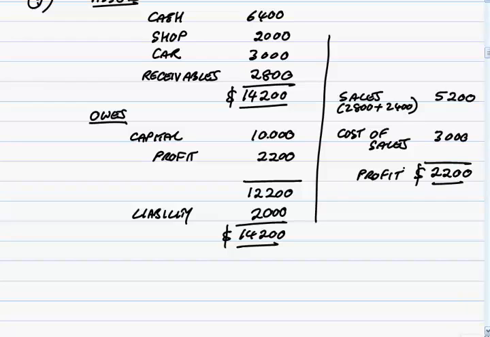Now again, that's the profit from 2 separate sales. But as I said earlier, we don't show each one separately. All we show is what are the total sales, what's the total cost, and therefore what's the total profit. And of course it does check, and it must check.